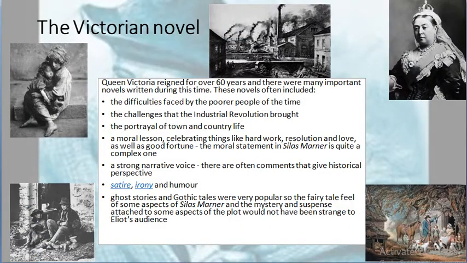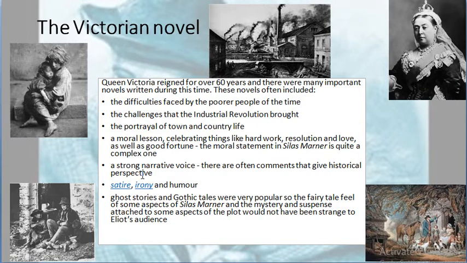The Victorian novel. Queen Victoria reigned for over 60 years, and there were many important novels written during this time. These novels often included the difficulties faced by the poorer people of the time, the challenges that the Industrial Revolution brought, the portrayal of town and country life, a moral lesson celebrating things like hard work, resolution, and love, as well as good fortune. The moral statement in Silas Marner is quite a complex one.